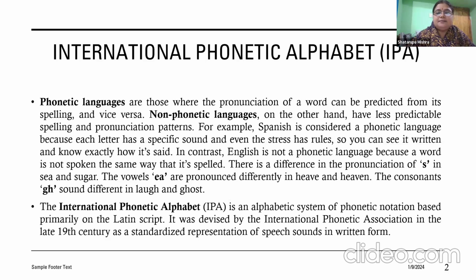It is an alphabetic system of phonetic notation based primarily on the Latin script. It was devised by the International Phonetic Association in the late 19th century as a standardized representation of speech sounds in written form. So you can write those symbols for every word and then you will know how the word will be correctly pronounced.